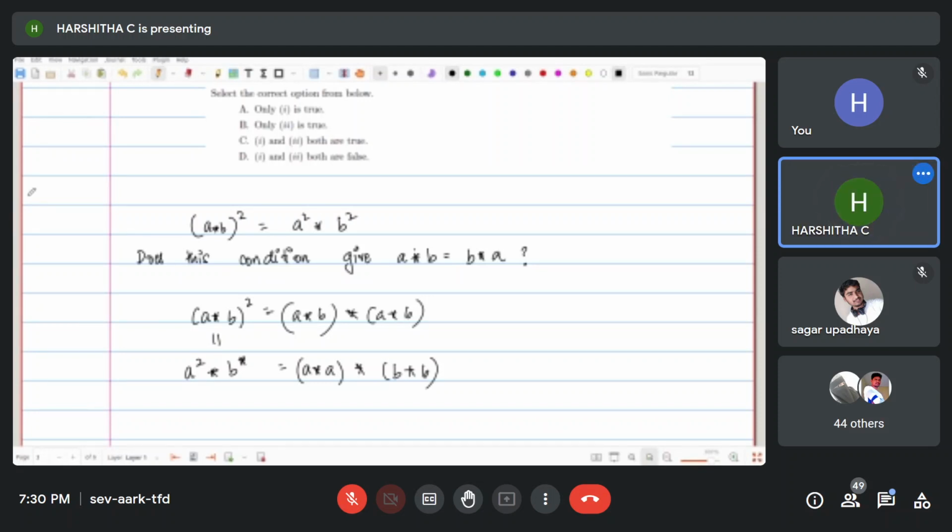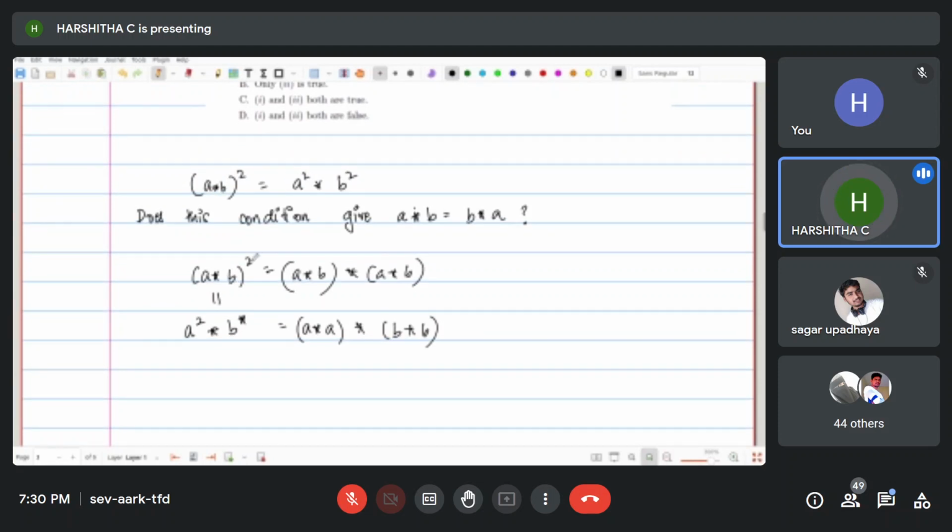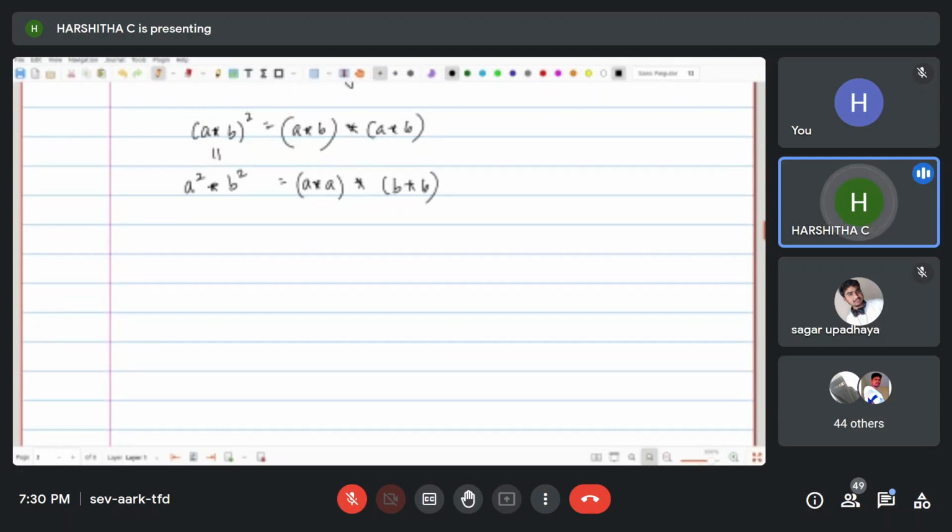So this is just expansion. You have (A star B) whole square, which is nothing but A star B into A star B. And you know that this is equal to A square star B square. So A square is nothing but A star A and B square is B star B. So what do we have?